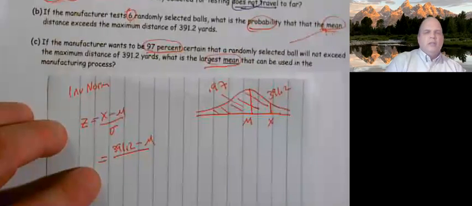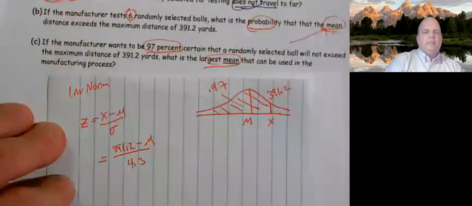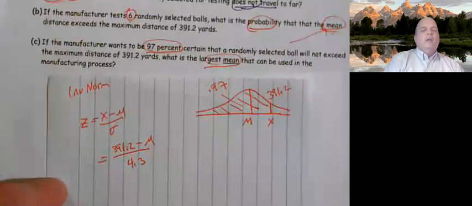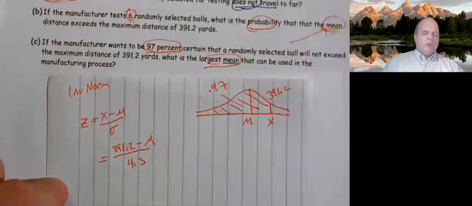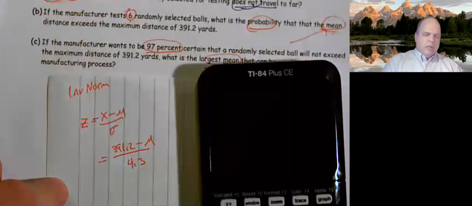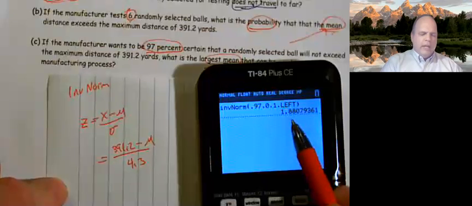I don't know what that is. I know my standard deviation is 4.3 because they told me that. Now, because I have a 0.97, I can do an inverse norm. And like I told you all earlier this evening, if you do an inverse norm, you have to give the z-score, which in this case is 1.880.